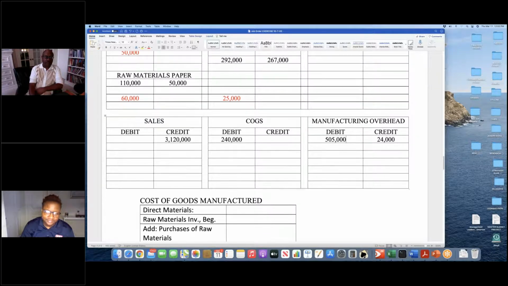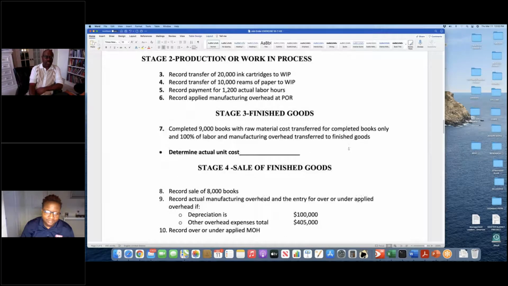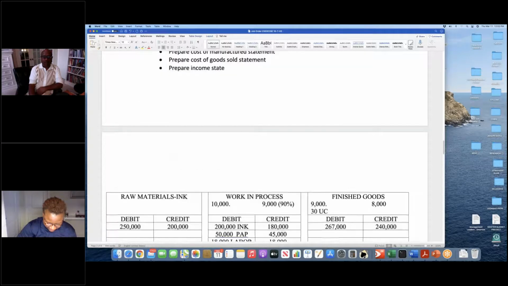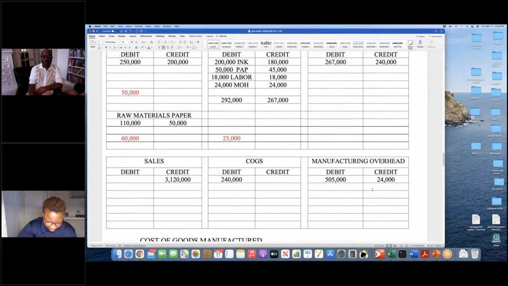Okay. So the journal entry we're going to make is we're going to debit what? Cost of goods sold, and credit MOH. And the amount is going to be how much? 481,000.